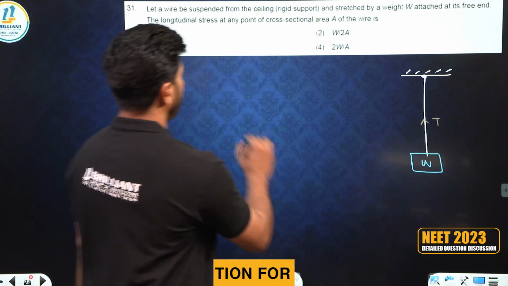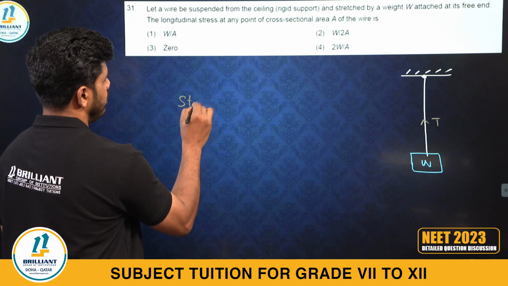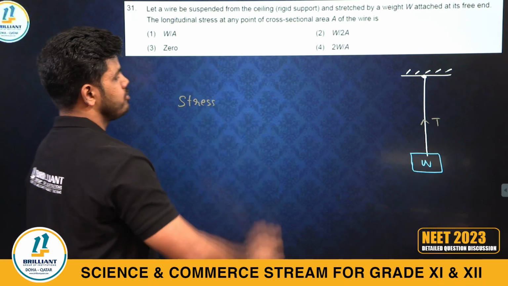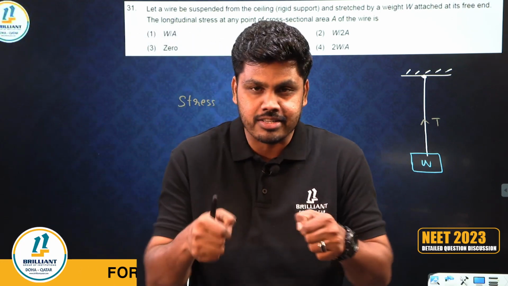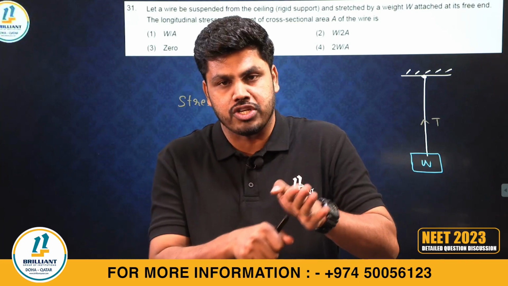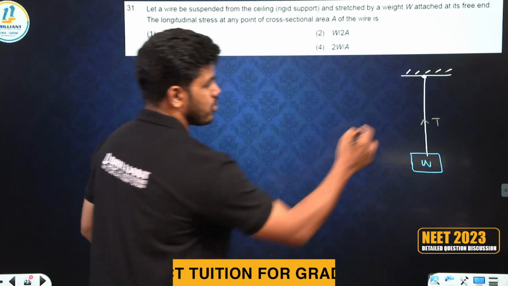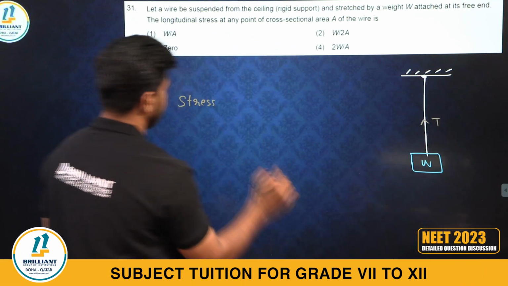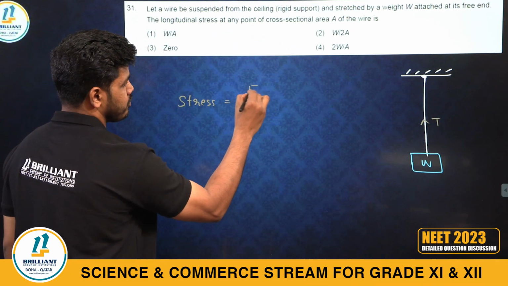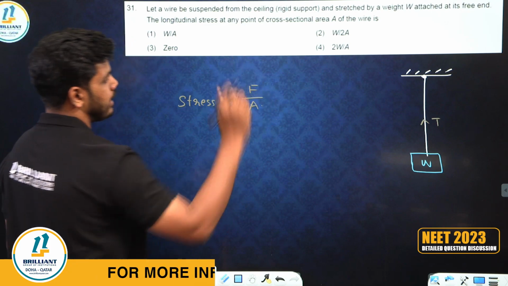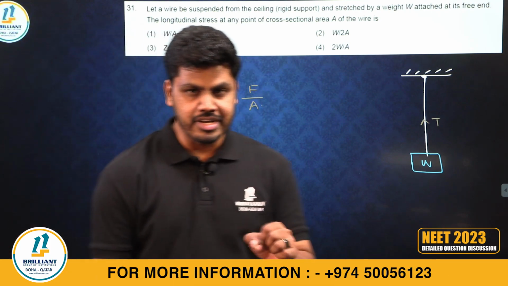Yes, and we know how to calculate longitudinal stress. Longitudinal stress is a normal stress, right? Acting normal to the cross-sectional area of the wire. So across the cross-sectional area of the wire, stress is going to be force divided by area of cross-section. In the question, it is given that A is the area of cross-section of the wire.